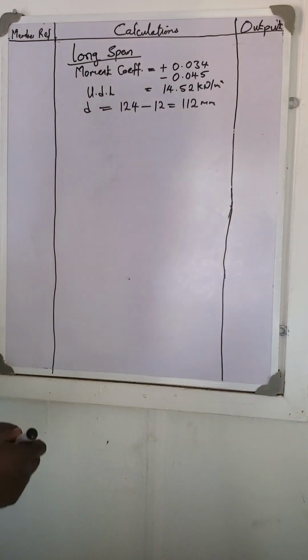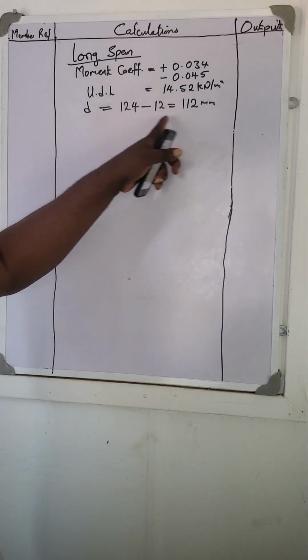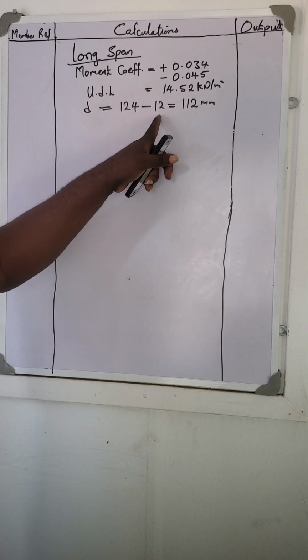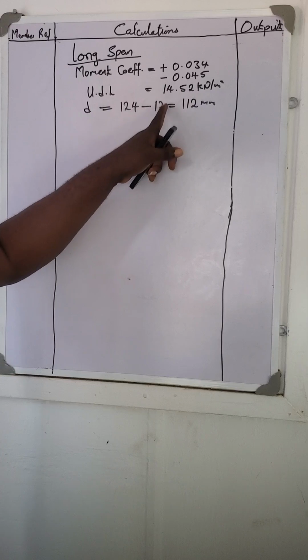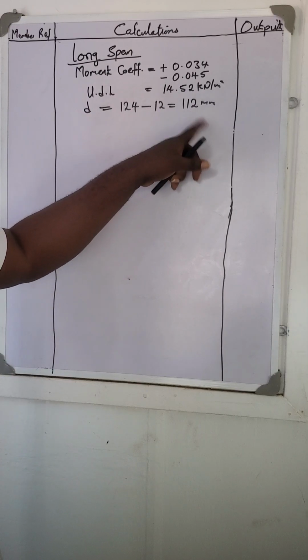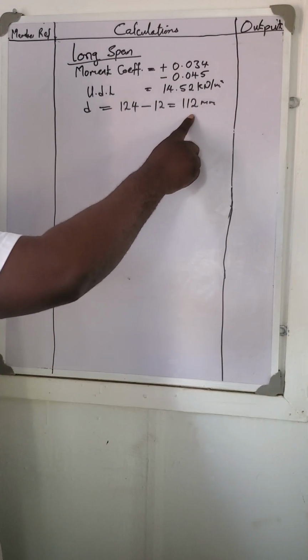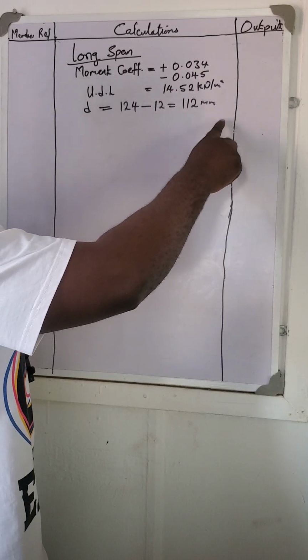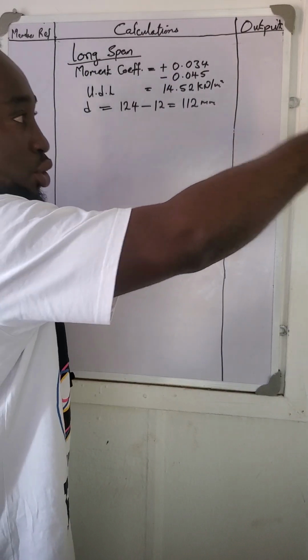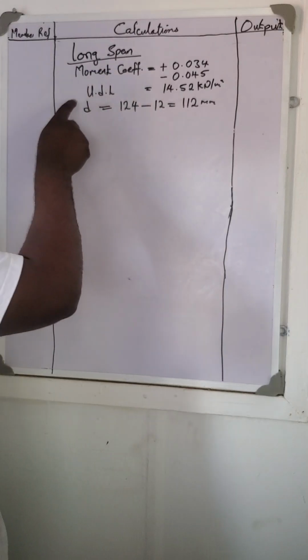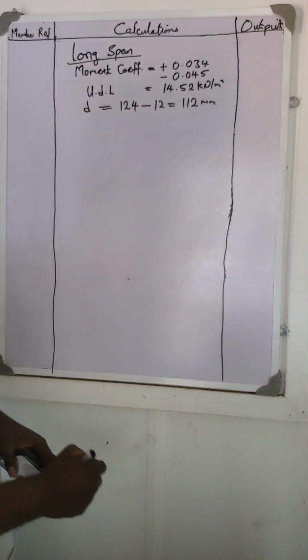When you are providing for this reinforcement, we are subtracting the size of the bar away from the 124. You will say Y12 near bottom, because we are going to design for the midspan.